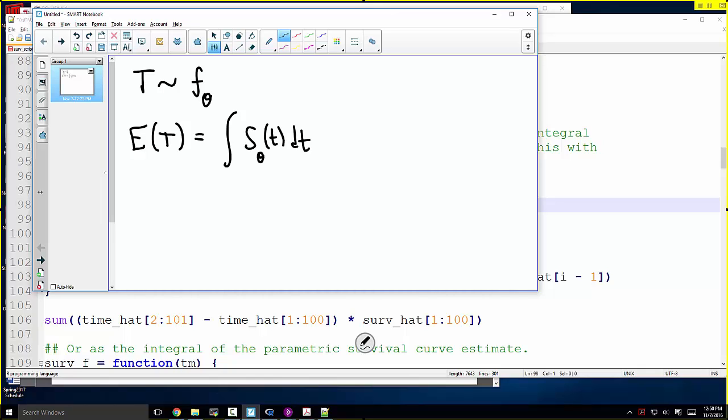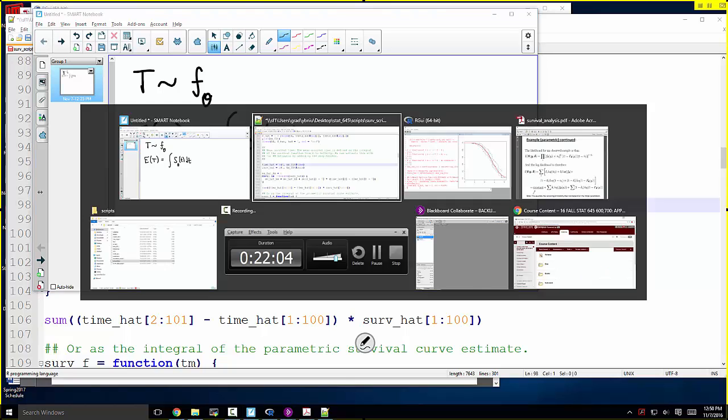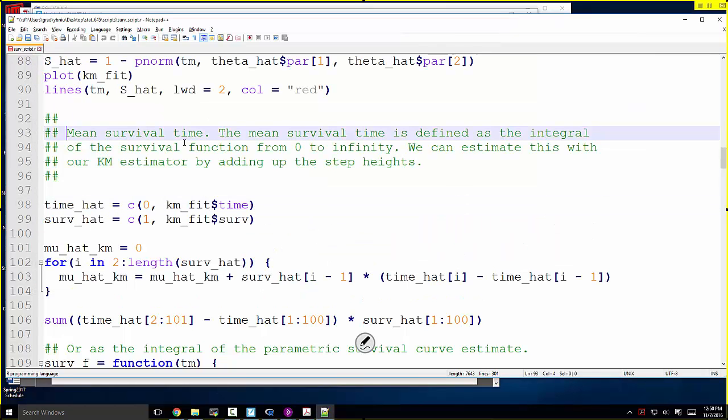Since in survival analysis we're often working with a survival function or an estimated survival function, if I want to translate to an average survival time, I can work with the survival function. So to compute mean survival time, it turns out that the mean survival time is defined as the integral of the survival function over its entire support from 0 to infinity.